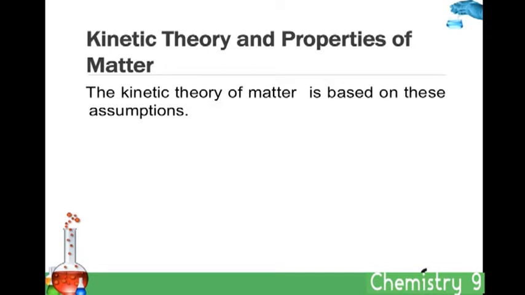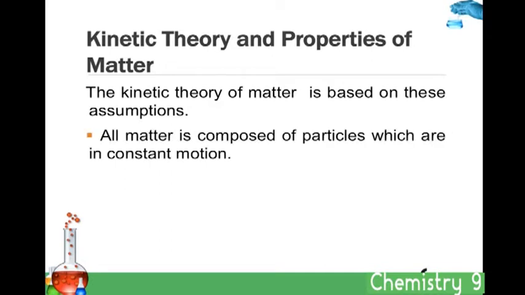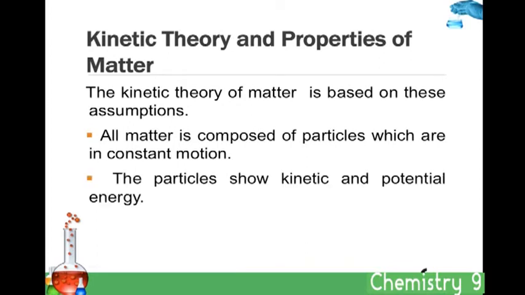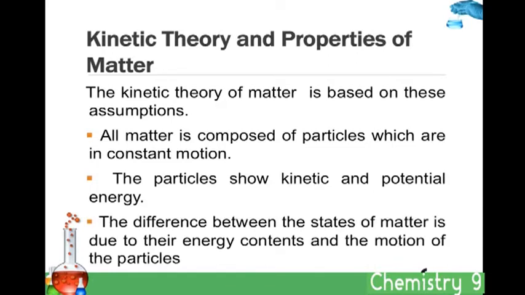It is based on these assumptions. All matter is composed of particles which are in constant motion. The particles show kinetic and potential energy. The difference between the states of matter is due to their energy contents and the motion of the particles.